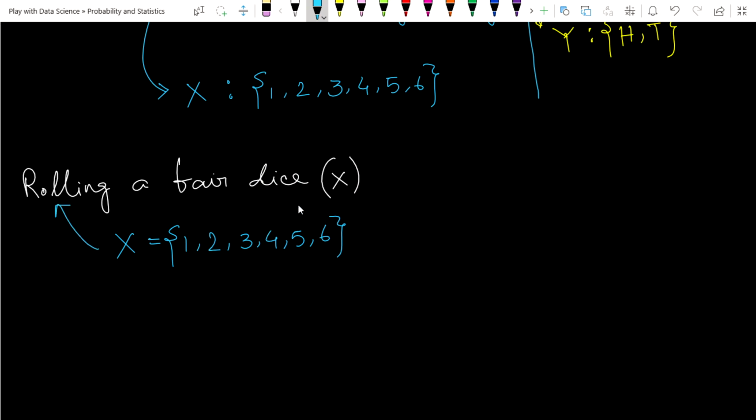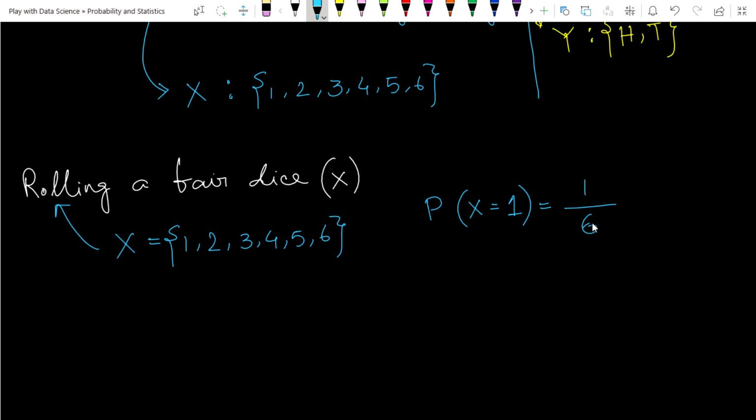Now, because we have taken a fair dice, the occurrence of each output is equally probable. So what will be the probability that the random variable x is 1? Because this is a fair dice, in total we have 6 outcomes. As per the definition of probability, our denominator will be 6, and the numerator is how many points of 1 we have: we have 1.